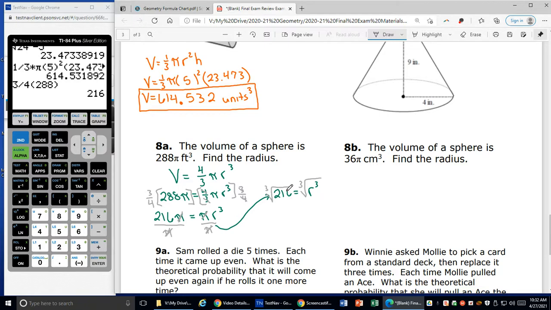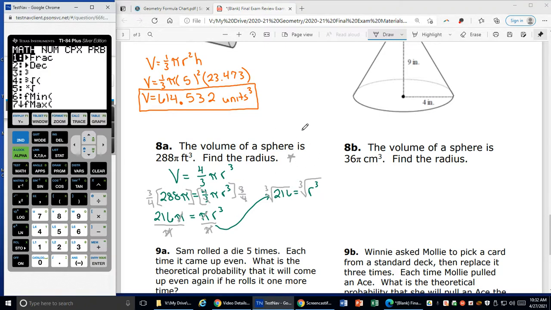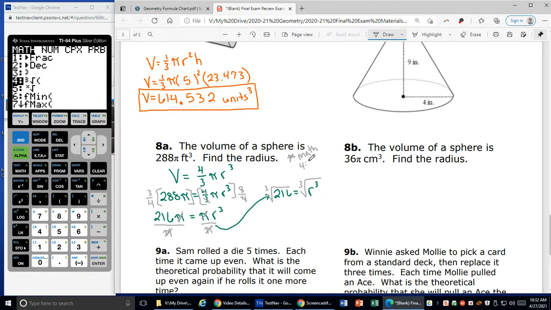Okay, so to cube root in the calculator, we have to hit the math button. Okay, and then if you look down, the first one turns your answer into a fraction. The second one turns it into a decimal. The third one will raise it to the third power. That will actually cube. But look at my fourth one. That is the cube root. So I'm going to arrow down to number 4, which is my cube root.